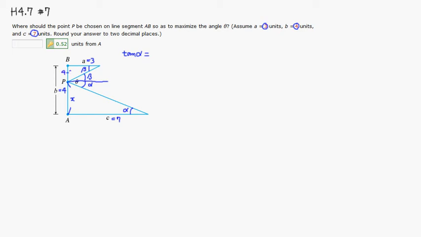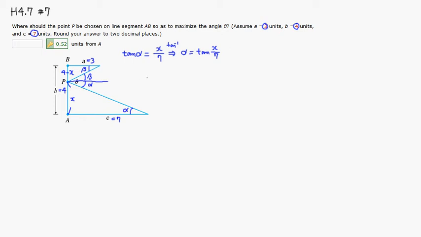So it's going to be opposite, which is x, over adjacent, which is 7. By taking the arctangent of both sides, we can get alpha to be the arctangent of x over 7.